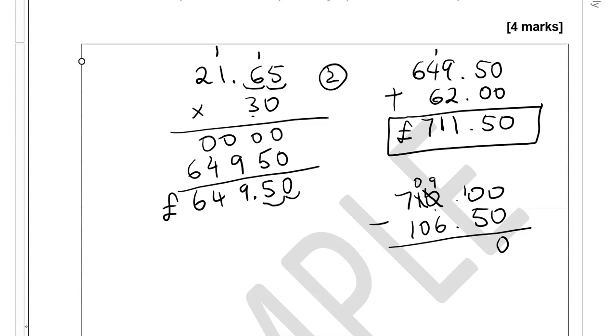So 10 take away 5 gives us 5. 9 take away 6 gives us 3. 0 take away 0 is 0. 7 take away 1 gives us 6. So £603.50 is the total cost for option 2.